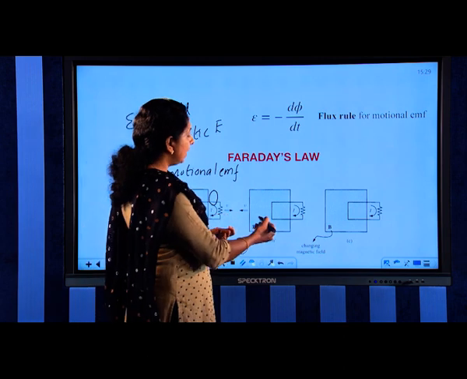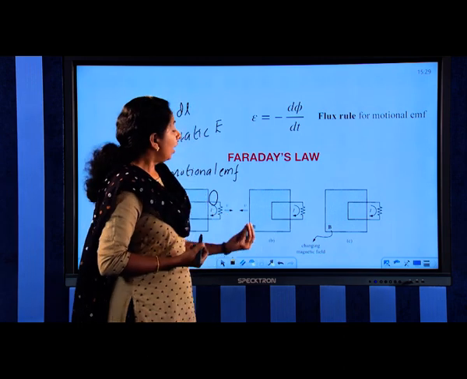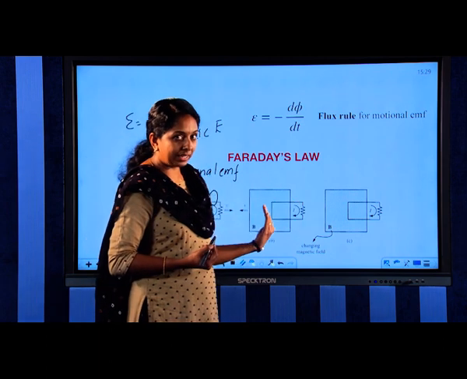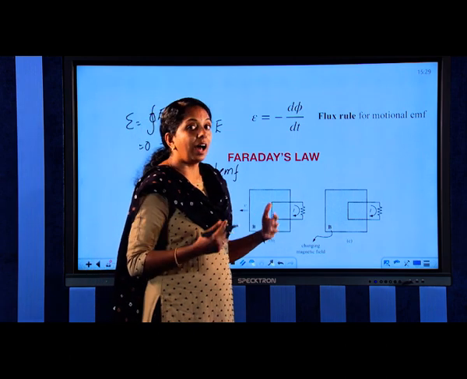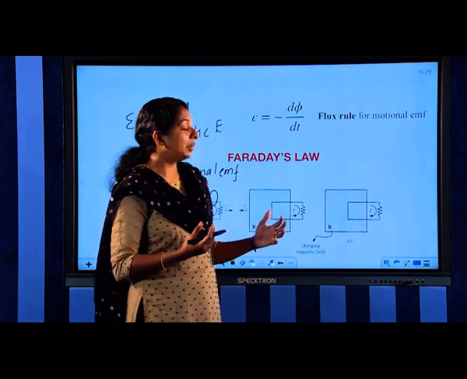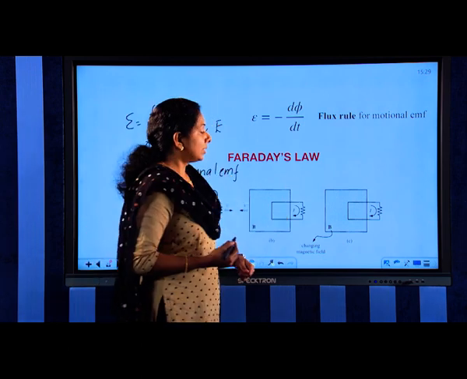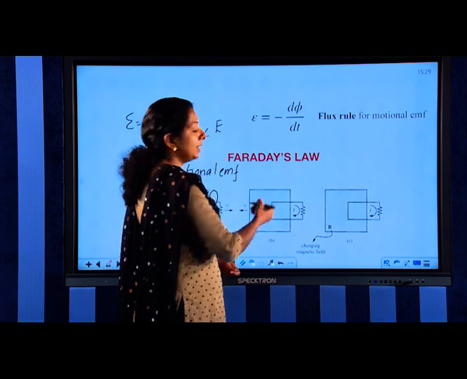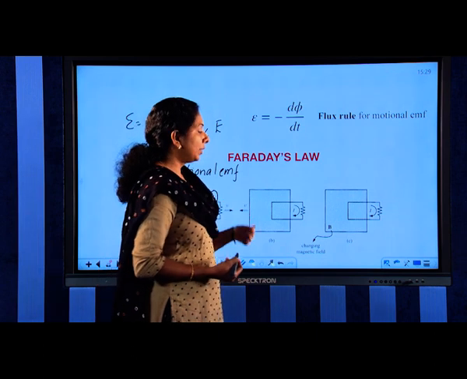Here we can see that when we move the magnet to the left with some velocity, the magnetic field associated with the loop goes on decreasing. That means this new kind of electric field is associated with the change in magnetic field. So, this change in magnetic field induces an electric field, and that electric field is responsible for driving charge in the circuit.